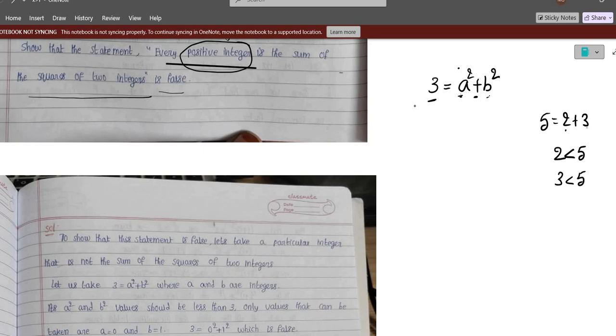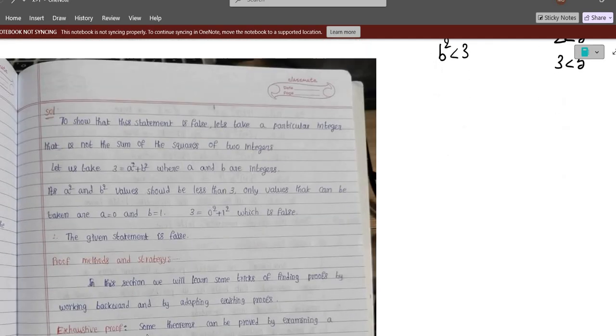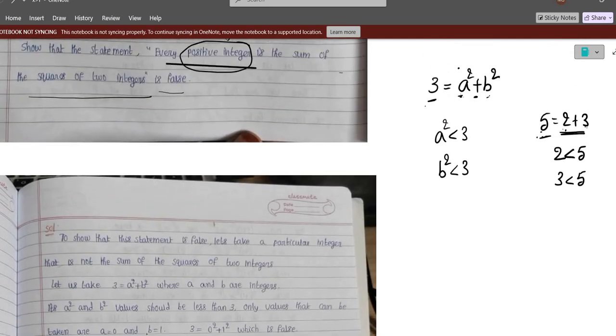In the similar manner, a square is less than 3, b square is also less than 3. Whenever we write the sum of two numbers as a single term, each is less than the total. Only values that can be taken are a equal to 0, b equal to 1.